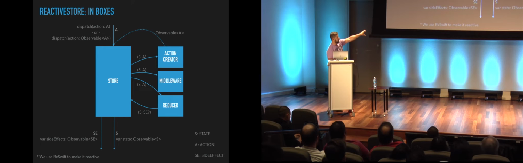Then we take the result of that reducer and push the state out on the state observable and the side effect out on the side effect observable if the reducer produced one. By using RxSwift, all of this is reactive, so we don't have to deal with closures and all these different communication patterns. We've landed on one asynchronous communication pattern using RxSwift.